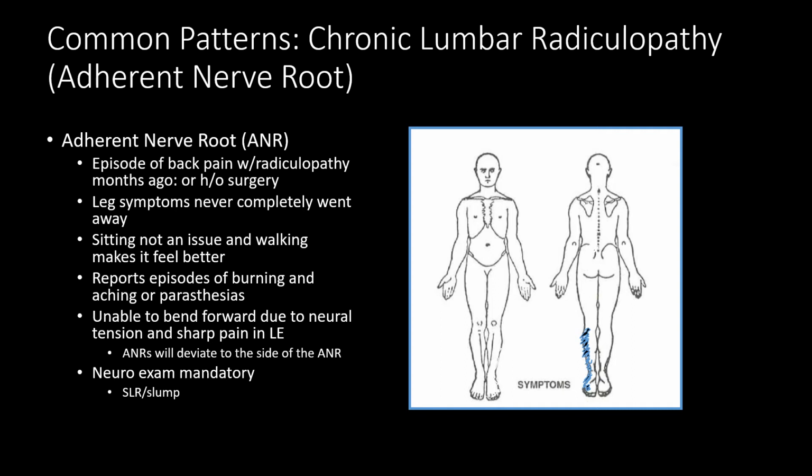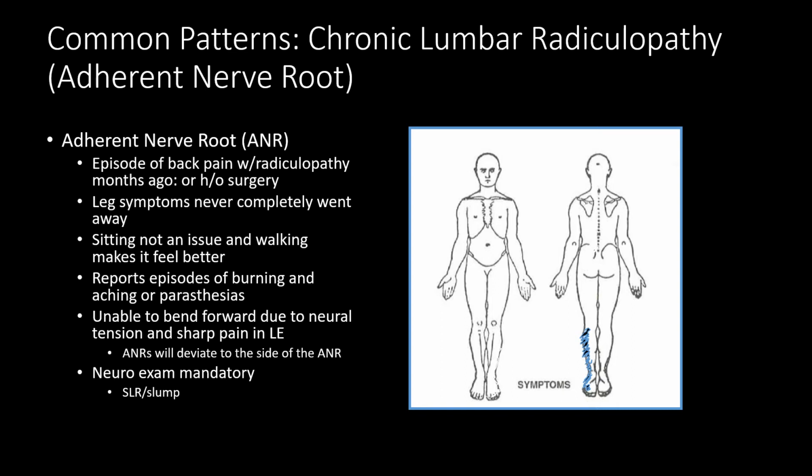Where you'll see limitations with them will be on their physical exam, specifically flexion range of motion. Flexion range of motion will be a problem because their motion will be limited because of the stretch and the tension that they're placing on those neural structures. They'll also note a sharp pain typically as they move forward into that forward flexed posture. And you'll also note that in this particular body diagram, this individual has left-sided lower leg pain.